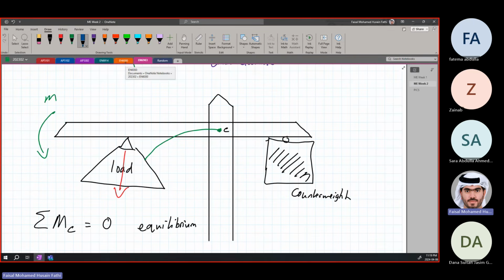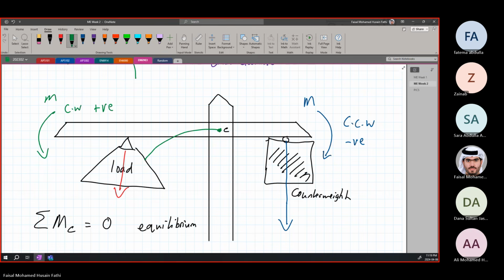We have a counterweight whose weight is much heavier. When we are carrying a heavy load, this will cause a moment in the opposite direction. So this is a counterclockwise moment or a negative moment, and this is a clockwise moment or a positive moment. This is counterclockwise, which will be negative, and that is clockwise, which is positive.